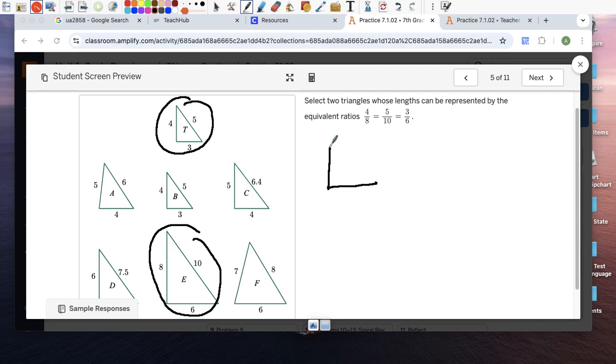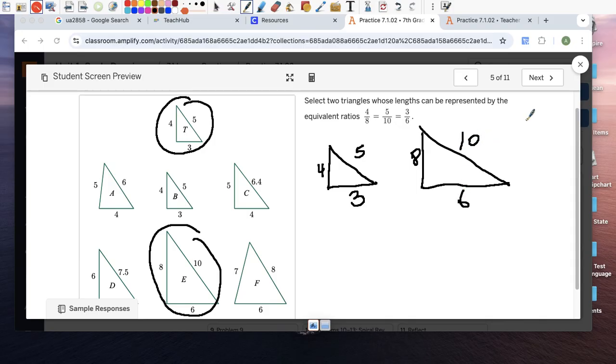One way of checking. So this is a 4, this is a 5, this is a 3. And this is an 8, and this is a 6, and this is a 10.